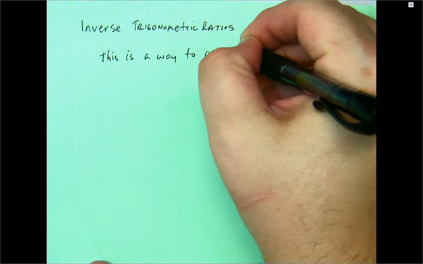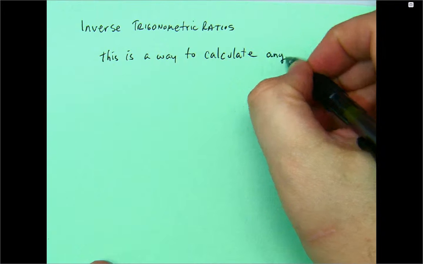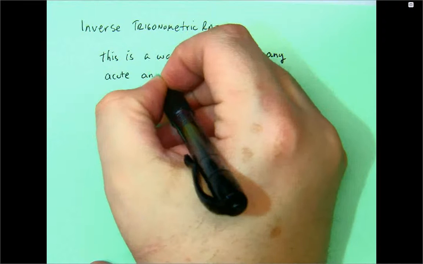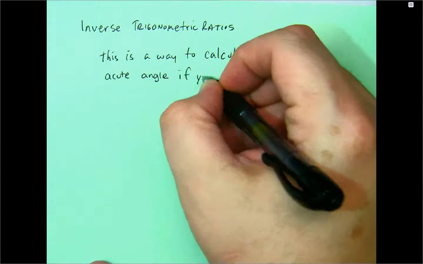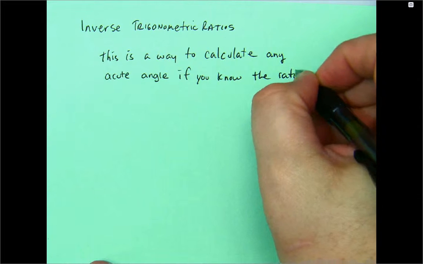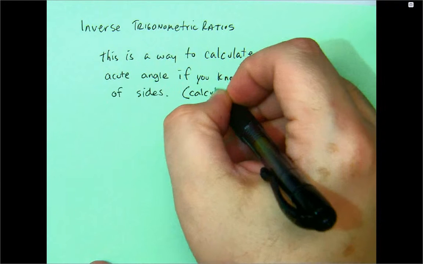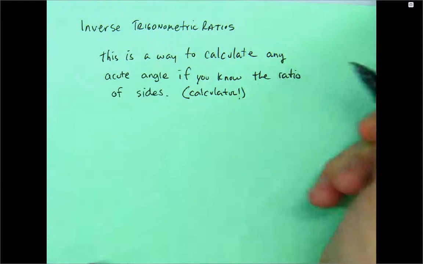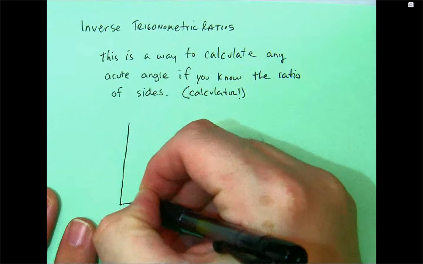This is a way to calculate any acute angle if you know the ratio of sides. It's pretty much a calculator problem, but first we've got to figure out how to set this up. So first off, we need to figure out what we're doing in this case.